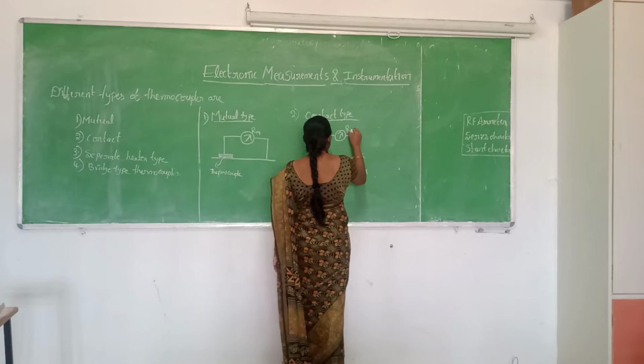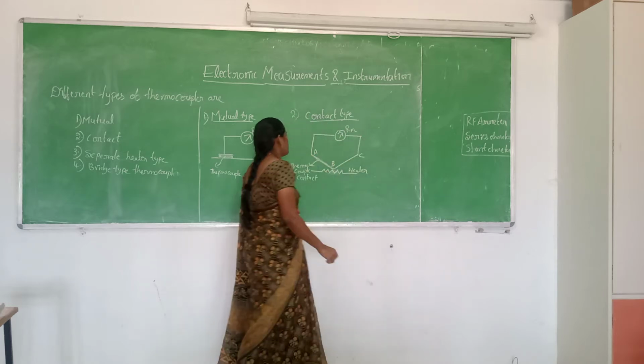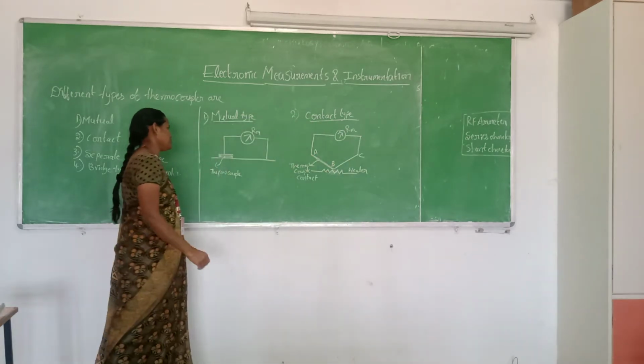So this is the internal resistance of the contact type, Rn.